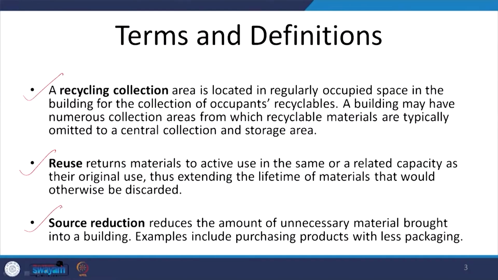Source reduction is the reduction in the amount of unnecessary material brought into the building. For example, the amount of a particular material that is to be consumed in a building through construction or later on. So, if the quantity of it can be optimized and reduced, then it comes into the category of source reduction.